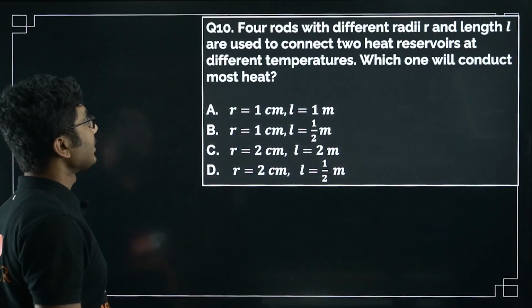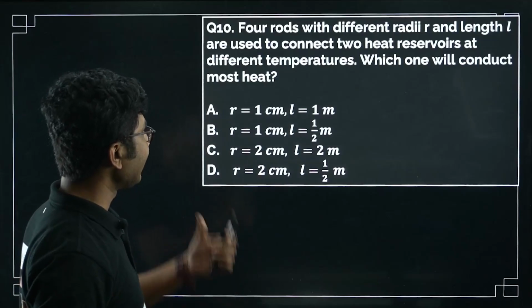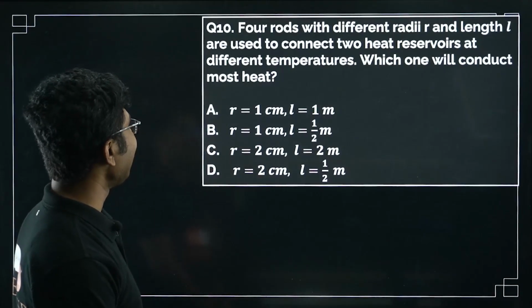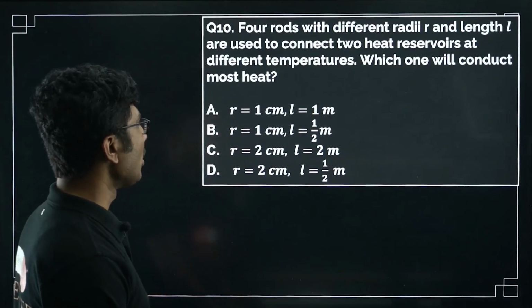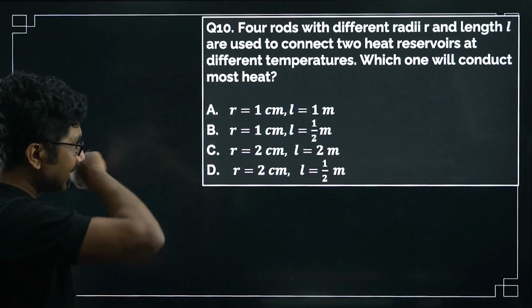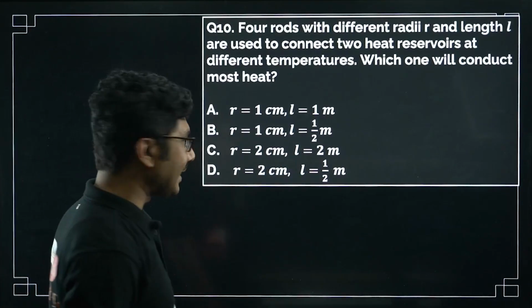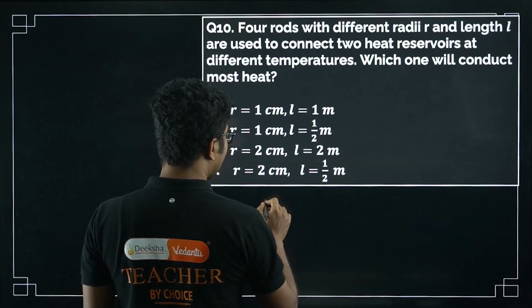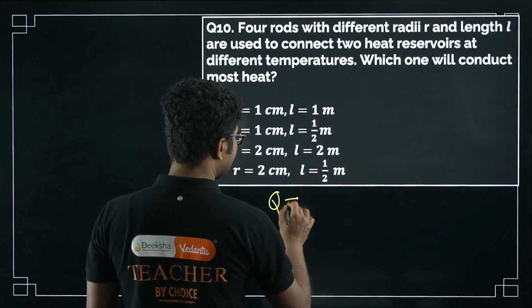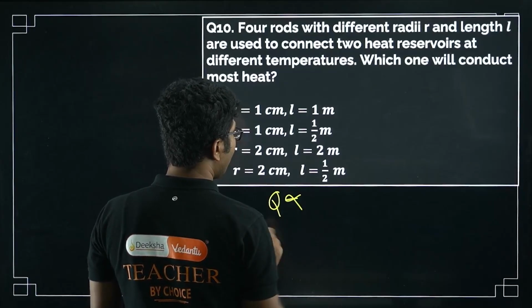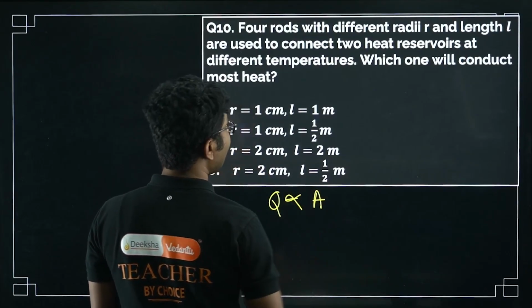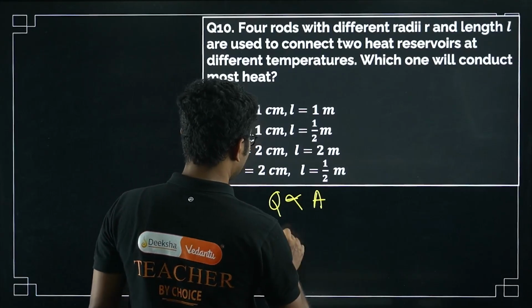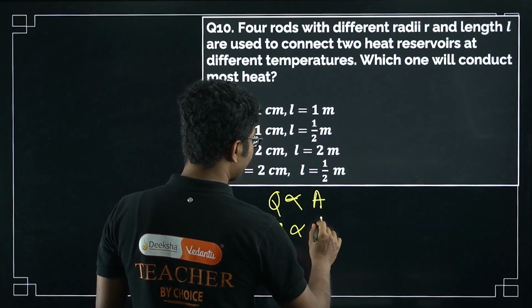Now the next question. Four rods with different radii R and lengths L are used to connect two heat reservoirs at different temperatures. Which one will conduct the most heat? The material is the same. We know that heat conduction is proportional to the area, so more heat will be conducted if the area is more, and it is inversely proportional to the length.